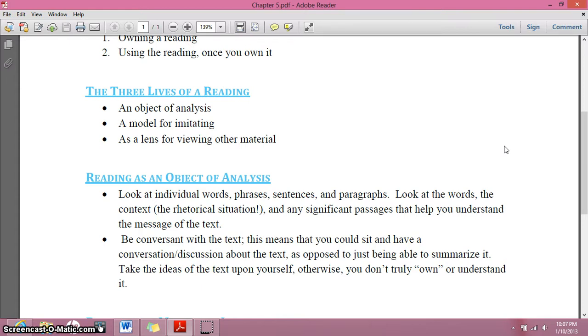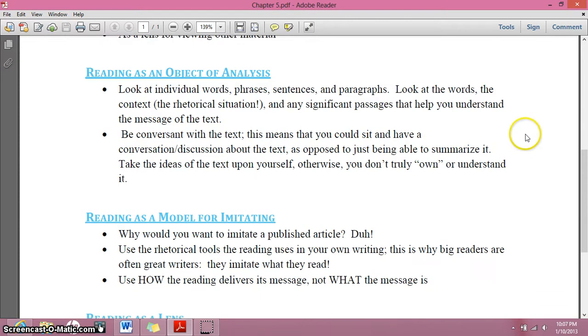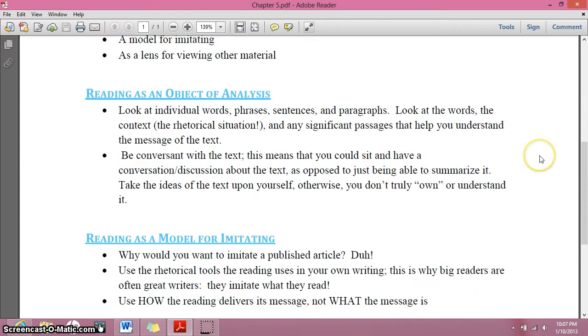You take those ideas that the text presents upon yourself and understand it to a whole new level to where you can say, well, Bob says this. Oh, and it's amazing when it happens. It takes a lot of work. It takes a lot of readings of one given text. But once you do that, you start to see the world through the author's eyes, and that's when you can start to use it.